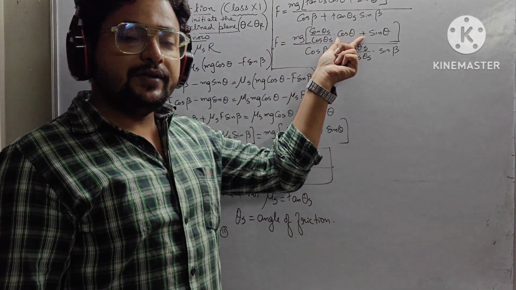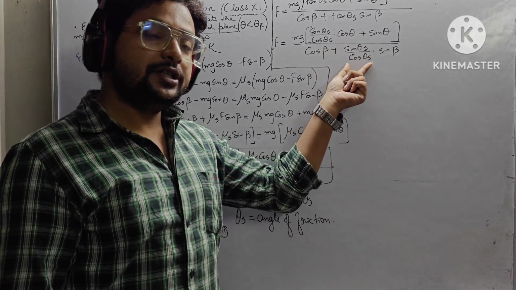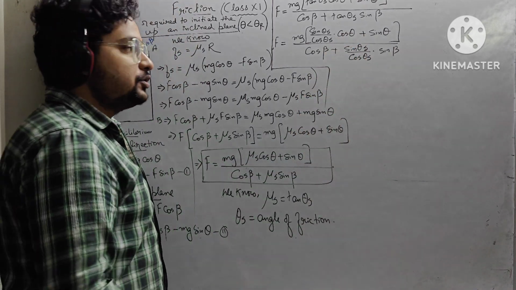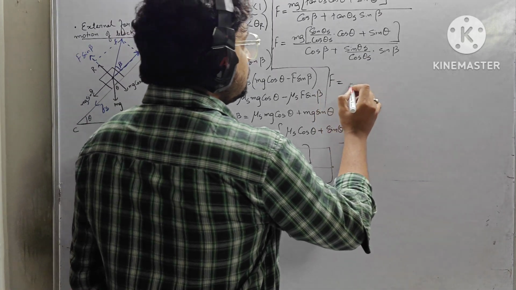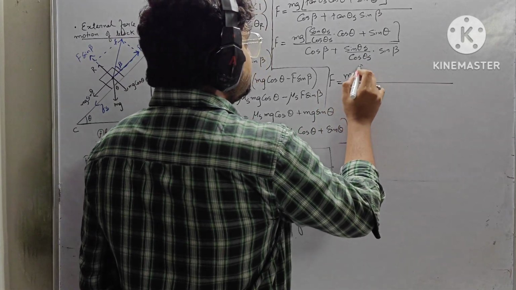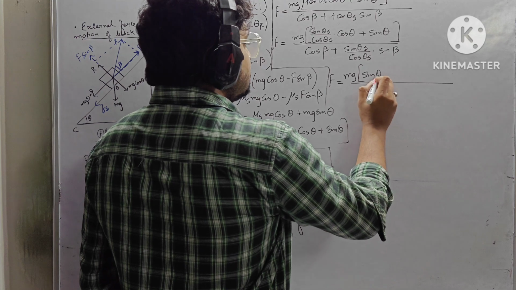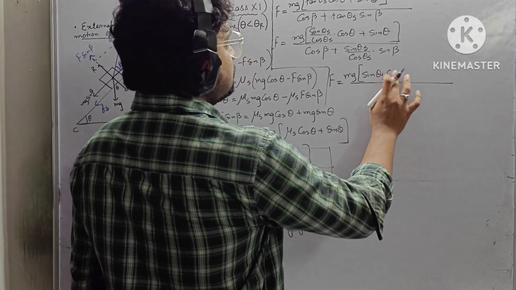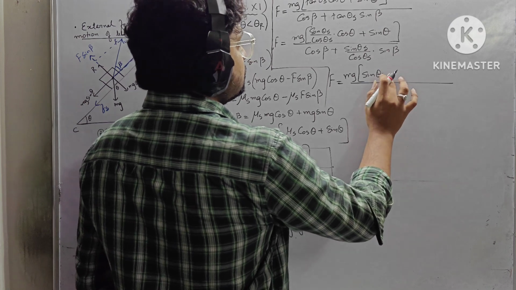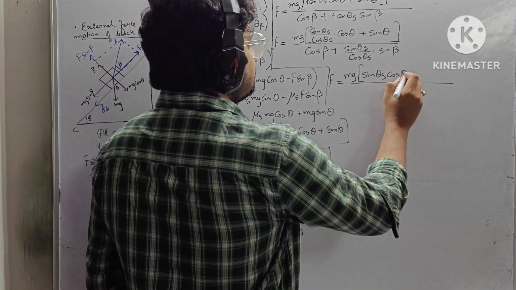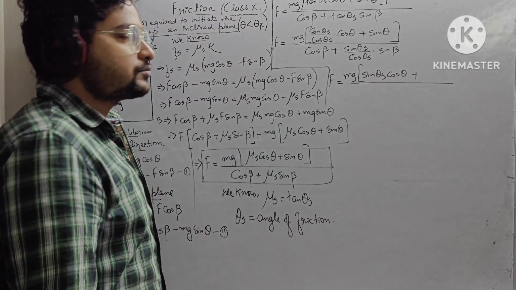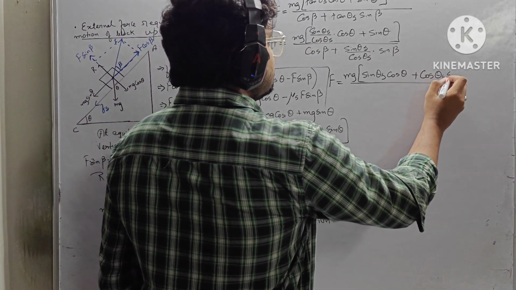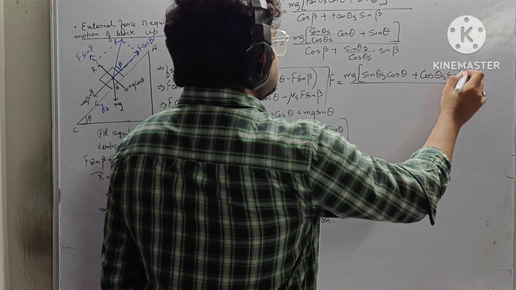over here in the denominator I will get one cos theta s, and over here also in the denominator I will get one cos theta s. So that is going to be cancelled. Okay. So f is going to be mg sin theta s, cos theta plus, okay, cos theta s is sin theta.